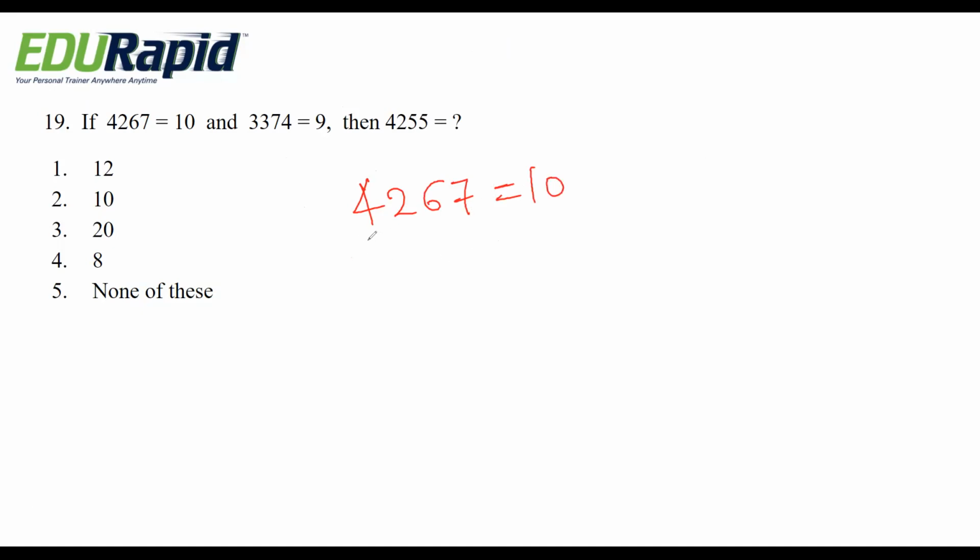Let me see what the pattern is. Let me check with the first and the third one. 4 into 6 minus 2 into 7. Let me see this. 6 fours are 24 minus 7 twos are 14. Yes, it is 10. Like this the pattern is going on.